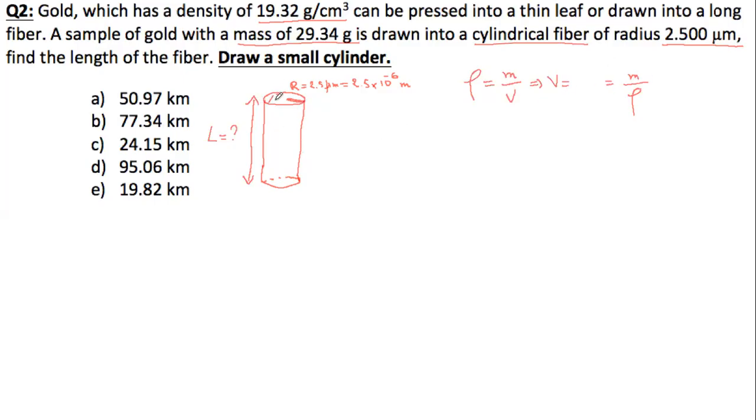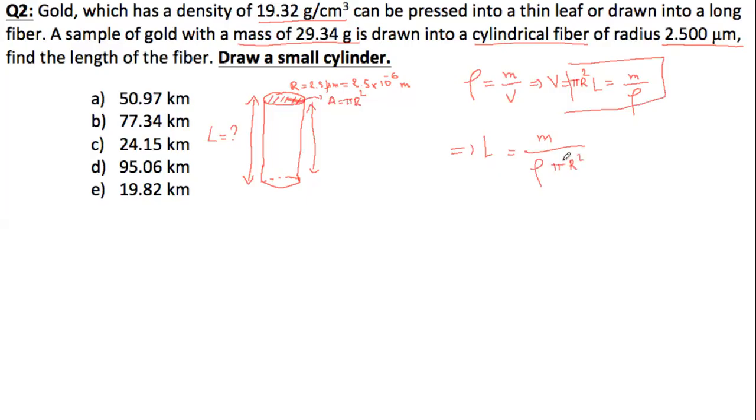So it's this area here, which is A, which is pi r squared times this length here. The volume of a cylinder is, of course, pi times the radius of the cylinder squared times height or the length. This is the equation I will use to get the length. Of course, length will be mass divided by rho divided by pi r squared.